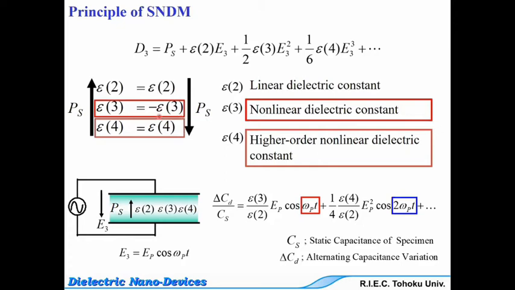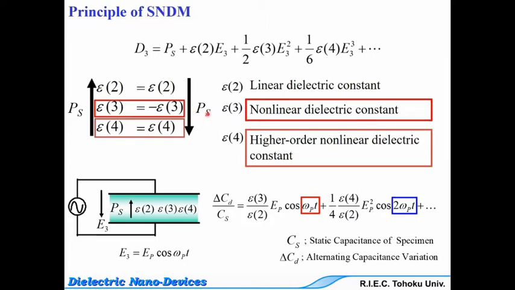As you know, there is no odd rank tensor in an isotropic material with a center of symmetry, and its sign changes in accordance with the inversion of the spontaneous polarization. So, if we can detect epsilon3 only, separating it from the response of other order nonlinear dielectric constants, we can obtain the information of the spontaneous polarization.